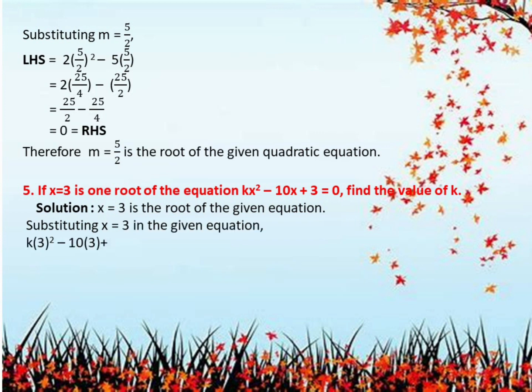Now the equation will become k into 3 square minus 10 into 3 plus 3 is equal to 0. Here you can see I have substituted x is equal to 3 in the given equation. It will become 9k minus 30 plus 3 is equal to 0, which is nothing but 9k minus 27 is equal to 0. 9k is equal to 27 and k is equal to 27 upon 9, which is nothing but k is equal to 3.